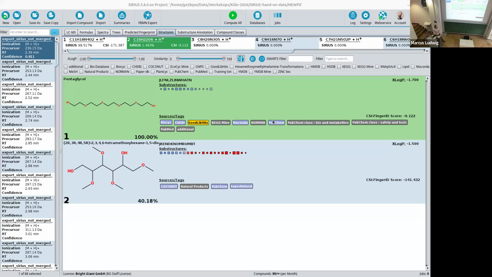Like you can open your compound in PubChem, which usually has a lot of different 2D structures, but you can also use BioCyc, KEGG and so on. The gray ones are some specific sources which we provide to search in.